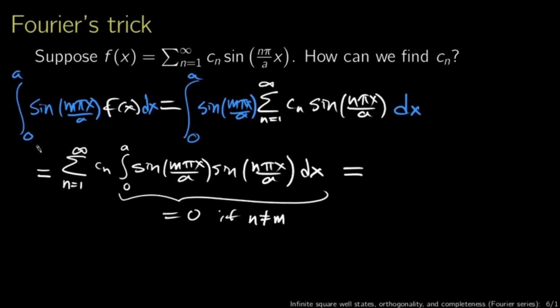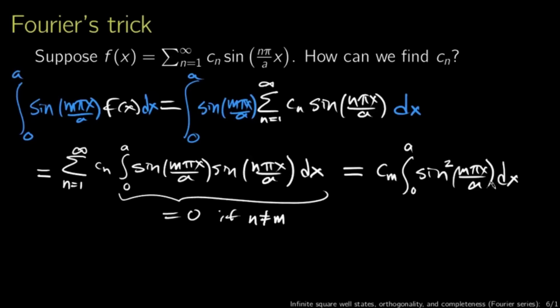So we no longer have a sum, we have only a single term, given by C sub m, integral from 0 to a, of sine m pi x over a times sine m pi x over a, since n is now equal to m. So I'm just going to write this as sine squared dx.